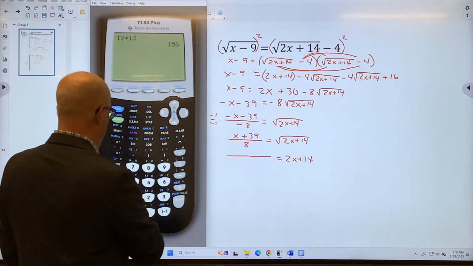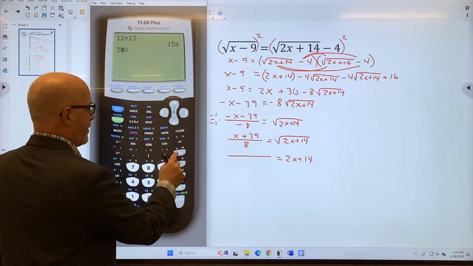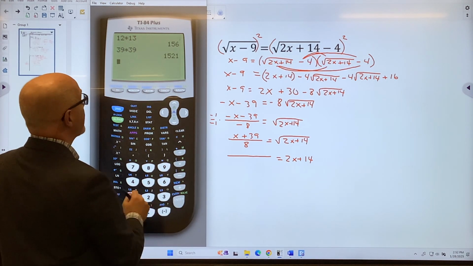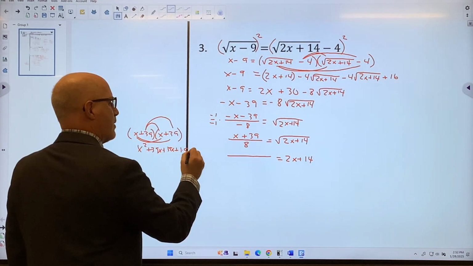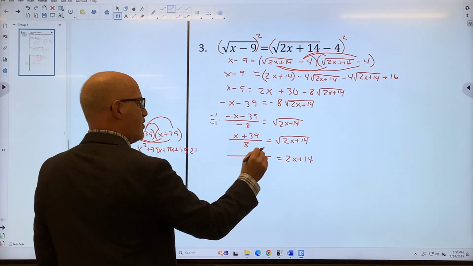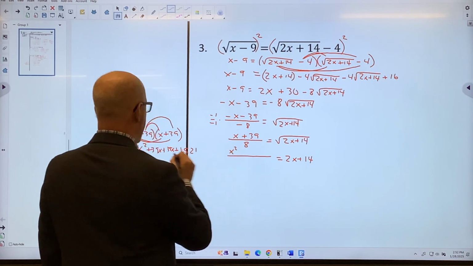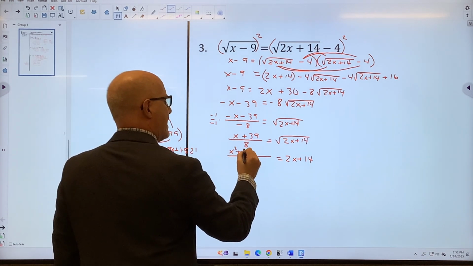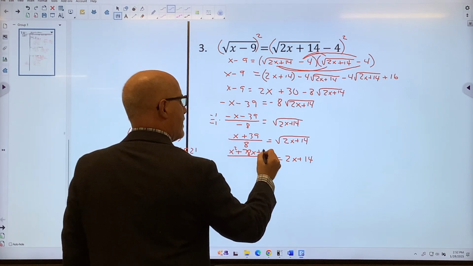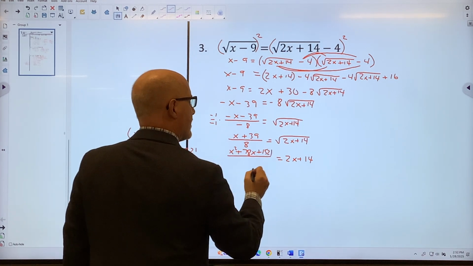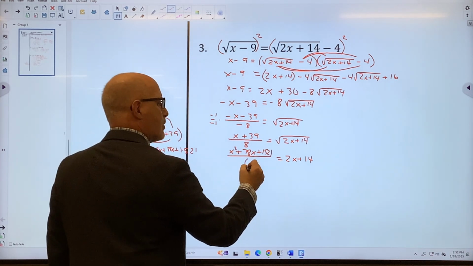So 39 times 39 gives me 1521. So plus 1521. So I've got in this numerator x squared plus 78x, and then plus 1521, all over 8 squared, which is 64.